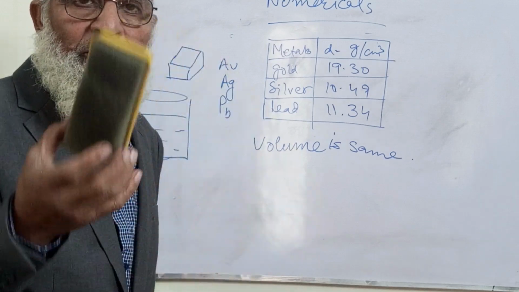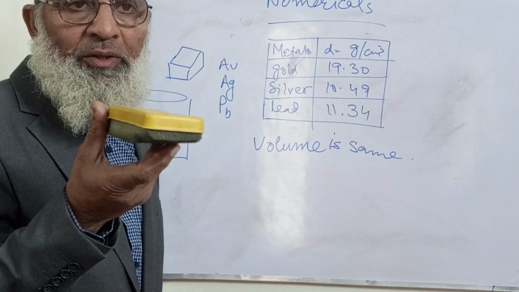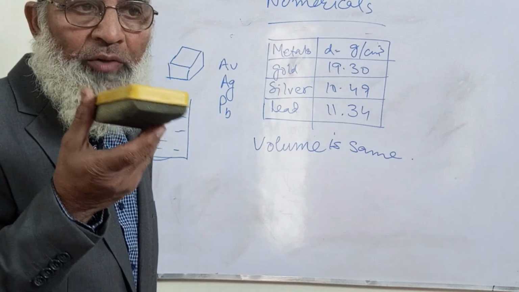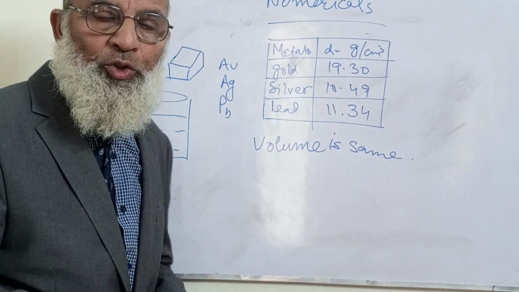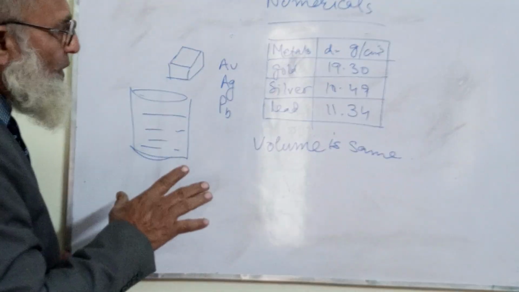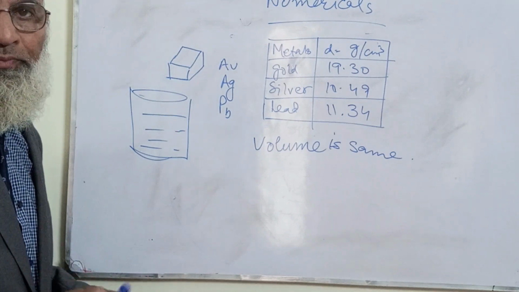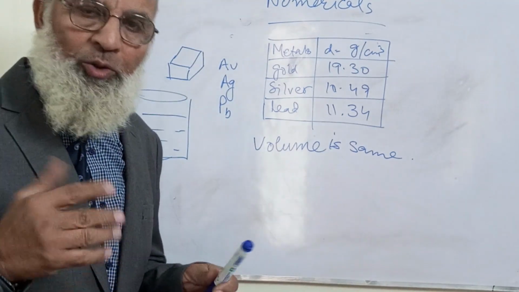And if this cuboid is dropped in water, the volume of this cuboid will displace an equal amount of water. Now there are four options given. Did you follow my point, or do I repeat it?